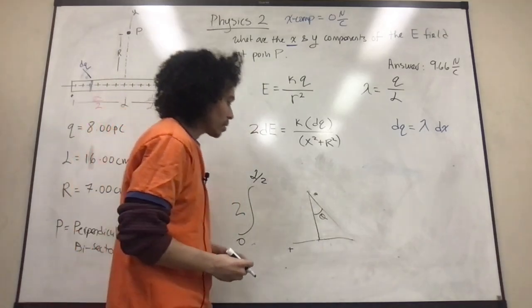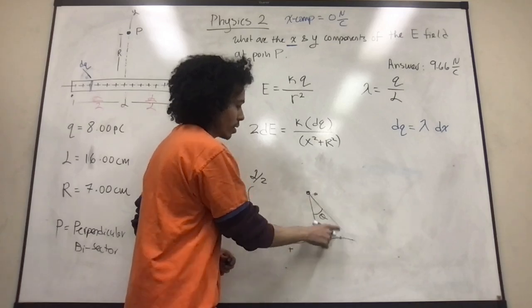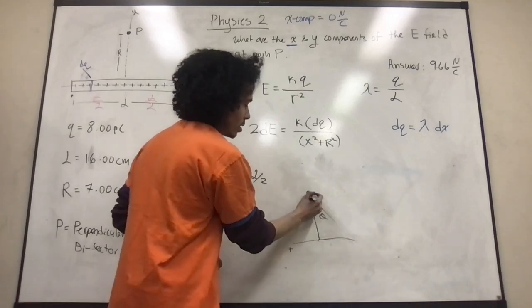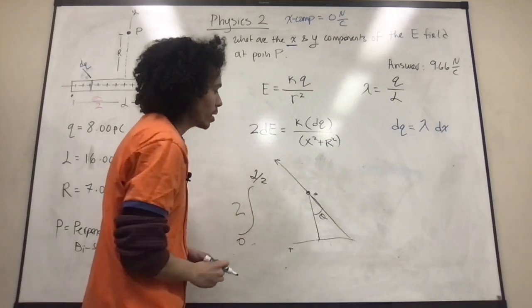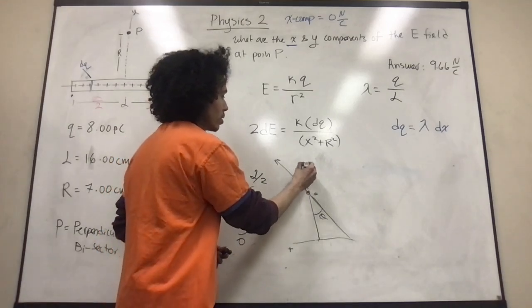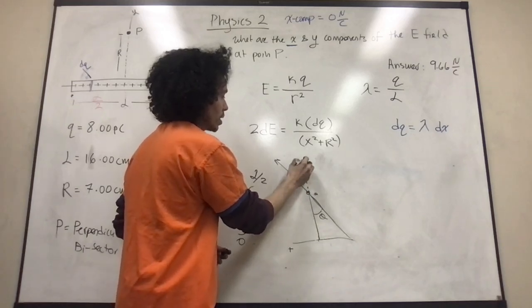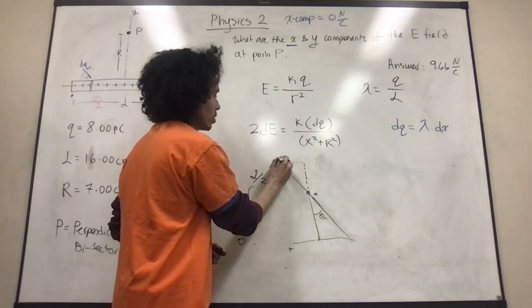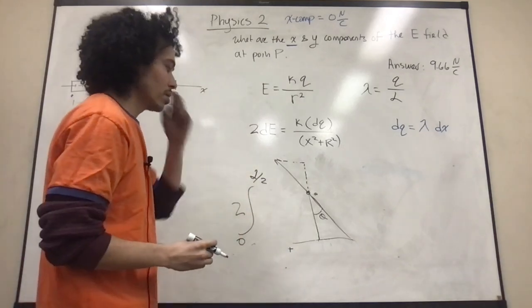That being said, this is our point P, and if this is the length that we're measuring, the vector is going to go that way, our y component is going to do this, and our x component, it's not going to matter for this problem, but let's put the x component here just to complete the triangle.